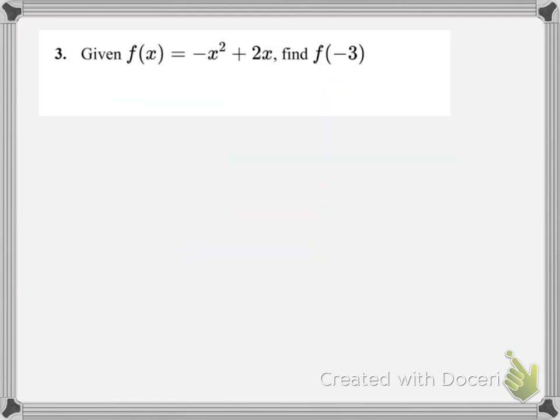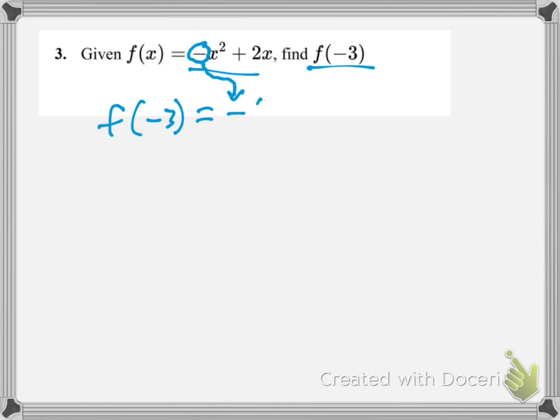Now, the only issue that you could have is with signs. So this is f of negative 3. Look here. I have f of negative 3. Now, one thing I want you to notice, you see that negative sign right there? That negative sign goes right there. It doesn't matter what x is, that negative sign in front goes down.